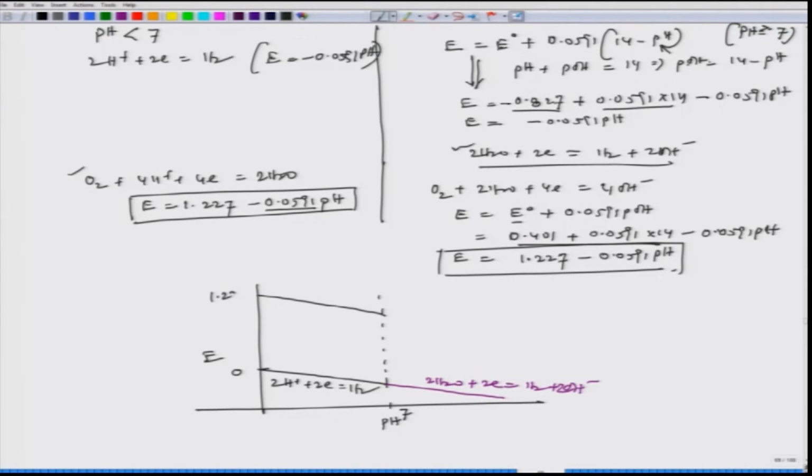So, 1.227 volt, and then on the right side the equation would be O2 plus 2H2O plus 4e equal to 4OH minus, and on this side it will be H2O.